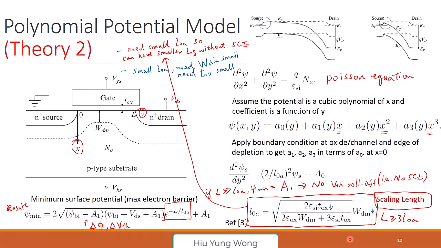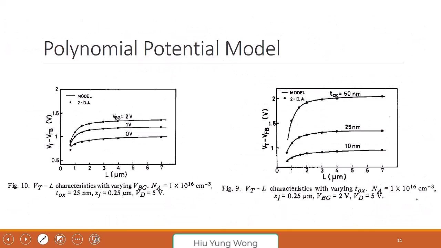They cannot be used in arbitrary cases, but they are good because they introduce something called the scaling length for the technology. And here it shows the change of the threshold voltage as you reduce the gate length for different bias. The dots are the 2D simulation, the line is the model, and you see that they fit pretty well, right? Of course, if they don't fit well, they don't submit the paper, right?